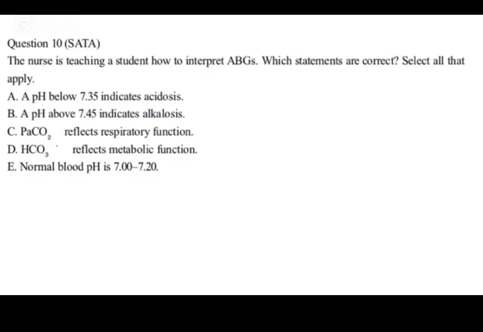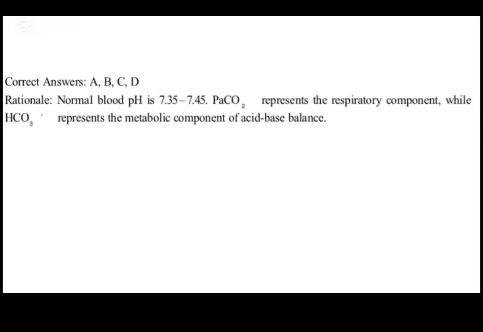D. HCO3 reflects metabolic function. E. Normal blood pH is 7.00 to 7.20. Correct answers, A, B, C, D. Rationale: normal blood pH is 7.35 to 7.45. PaCO2 represents the respiratory component, while HCO3 represents the metabolic component of acid-base balance.